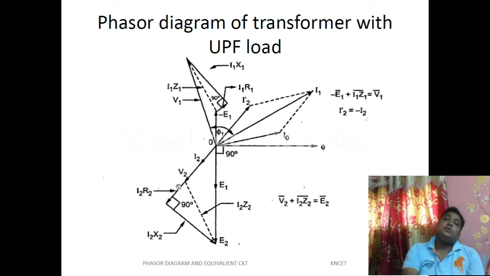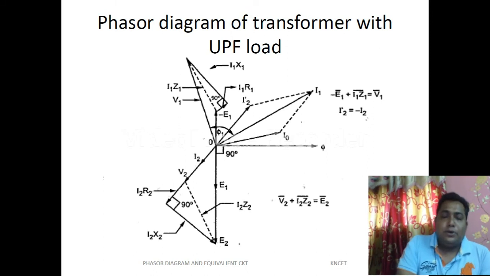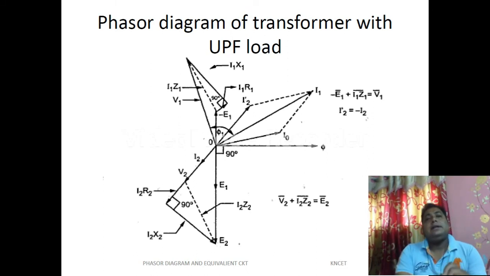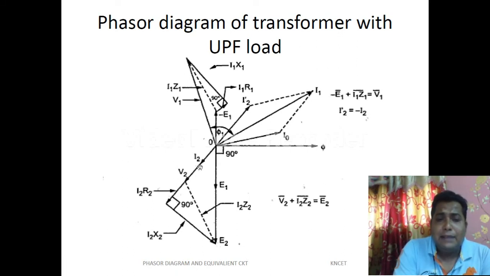Why? Because we had taken unity power factor, and when unity power factor appears, there is only a resistive load, and in case of resistive load there is no angle between voltage and current. So we don't have any angle between secondary side voltage and secondary side current. Both are on the same axis, correct? That's why we have drawn it like that.